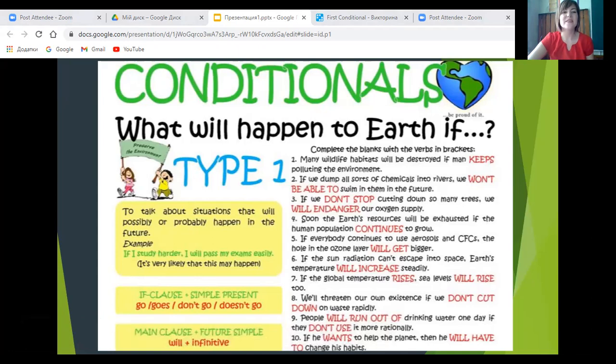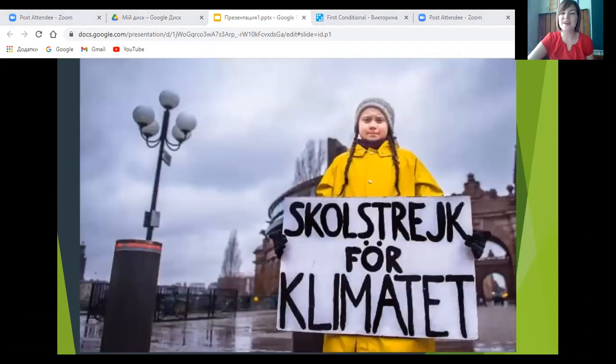And the last but not least activity for you. Look at the picture. I believe you know this young lady. She is Greta Thunberg, a Swedish environmental activist who has gained international recognition for promoting the view that humanity is facing an existential crisis arising from climate change.